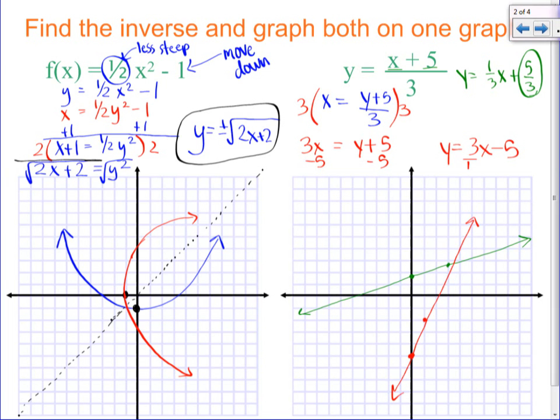And if we would draw this in, you'll see that there's symmetry over that line as well. Questions there? So we switch x and y and solve for y to find your inverse. That's part of your answer, and then having the graph to go with it.